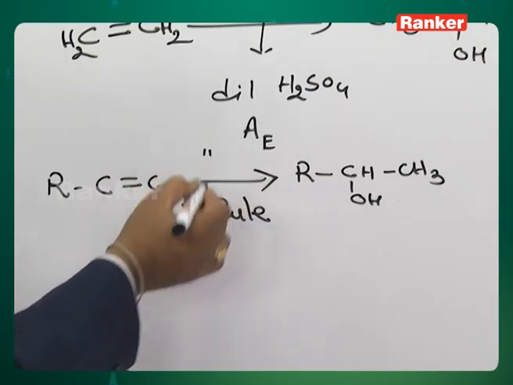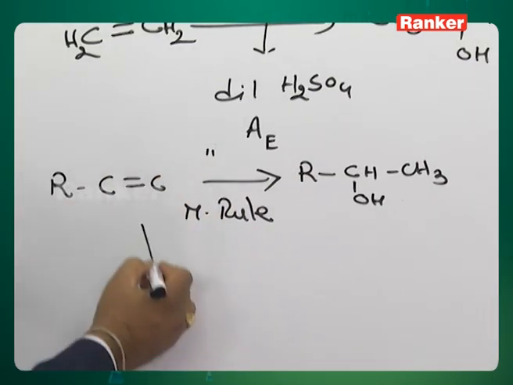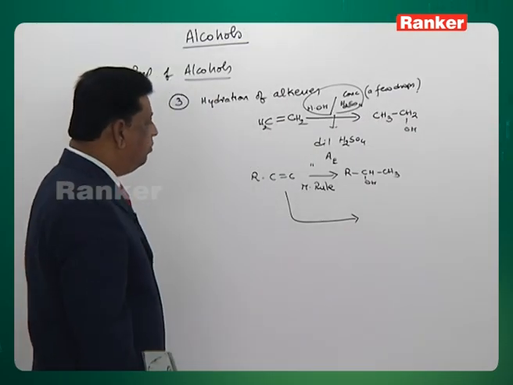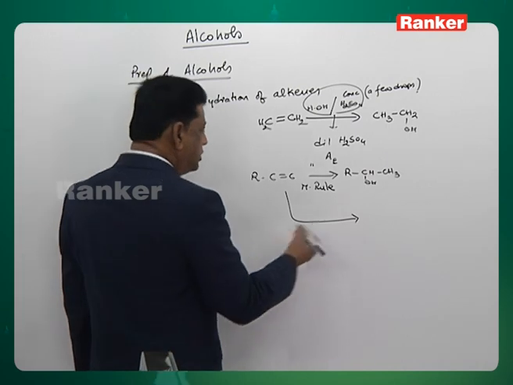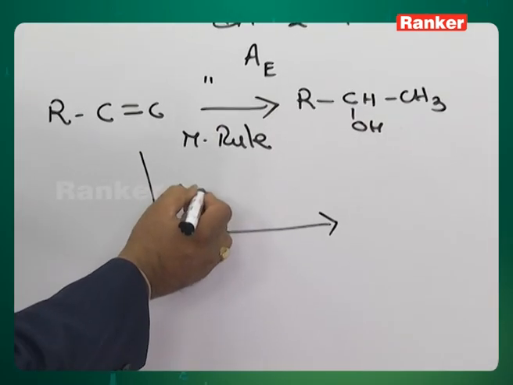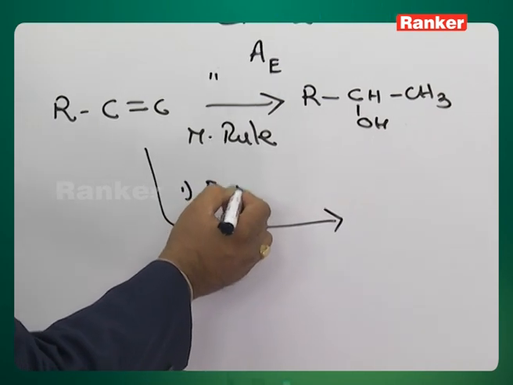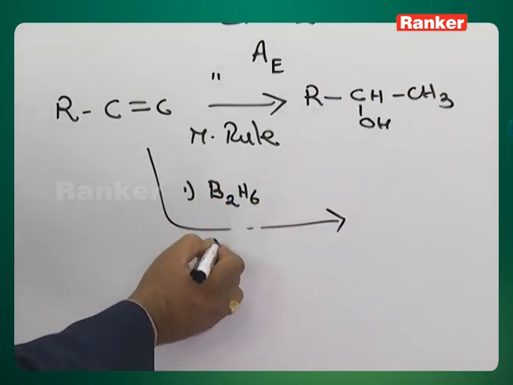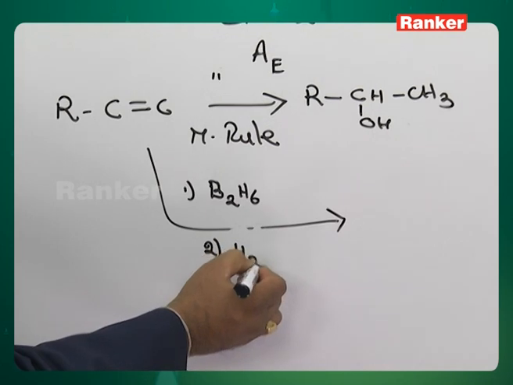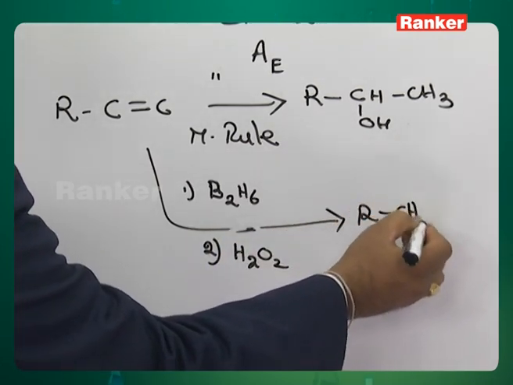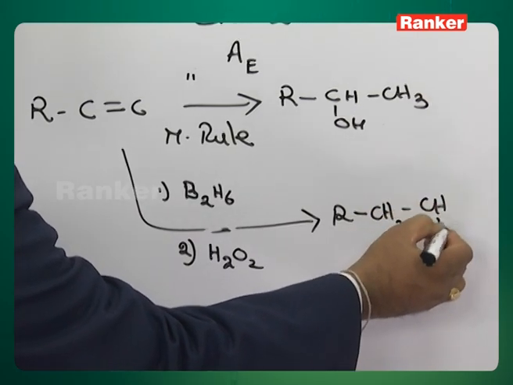Under these conditions it follows Markovnikov rule. The 1 degree type of alcohols also can be prepared using B2H6, that is diborane, followed by treatment with hydrogen peroxide. If you add then you may get the other type of product, that is CH3CH2CH2OH.